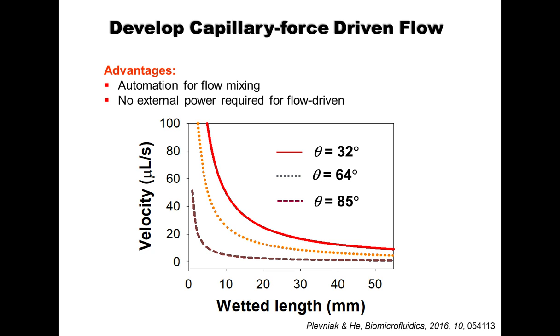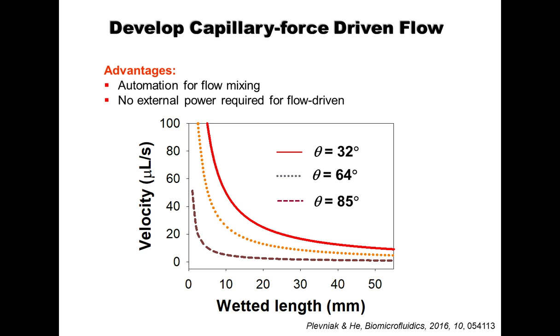We developed the surface of the 3D-printed microfluidic channel and used a silane hydrophilic coating to treat the surface. We can see the contact angle actually changes, and the lower contact angle has much more power to introduce the flow based on capillary force, as we show in this figure.